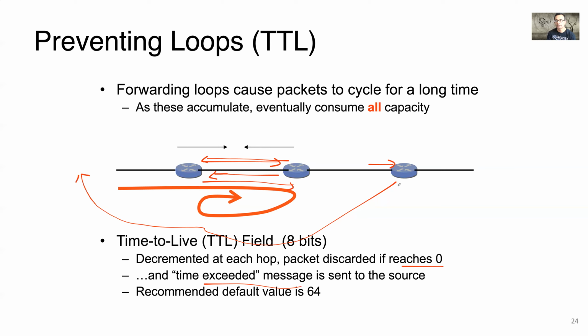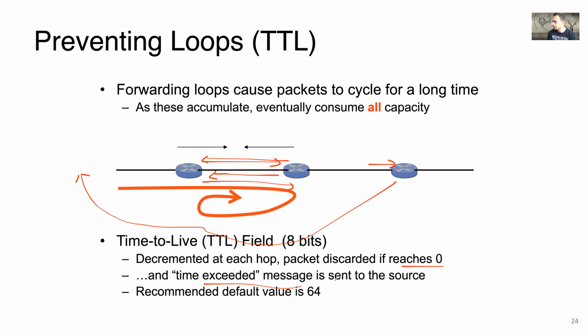So there's a special ICMP. ICMP packets essentially have these codes. The code indicates what type of error it is. So it will send a particular code back to the source indicating that this packet was dropped because the time exceeded, right? So that's how the TTL is used effectively to prevent packets from just staying in the network forever.